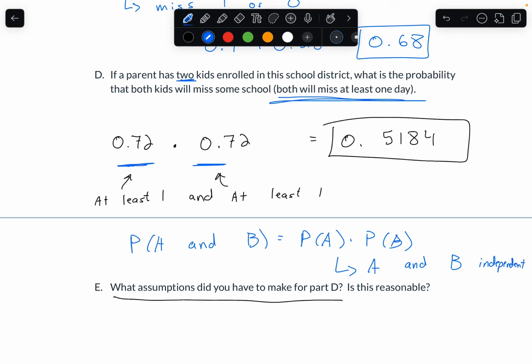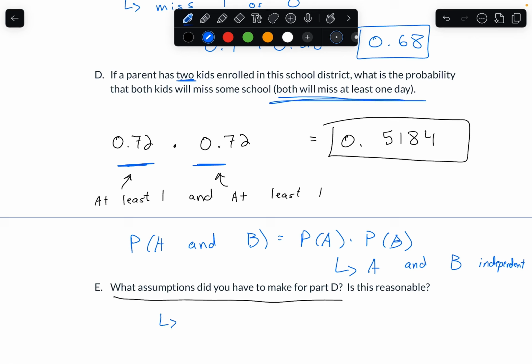So what I need to ask myself is, if we have 2 kids, are the events of them missing school going to be independent of each other? So imagine this. I've got a 3rd grader and a 5th grader, and if one of those kids is sick, does that mean that the other is more or less likely to get sick? Most likely, probably, because they're living in the same home. They're going to be in close contact with each other.